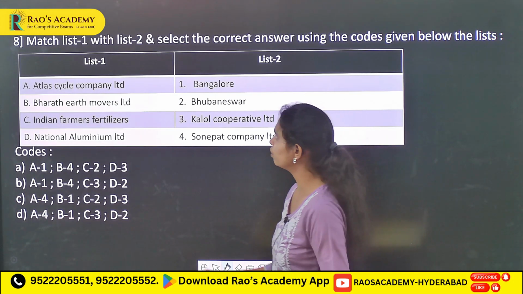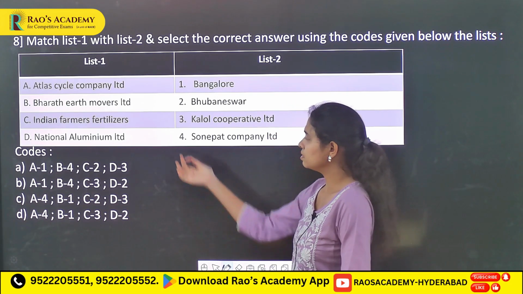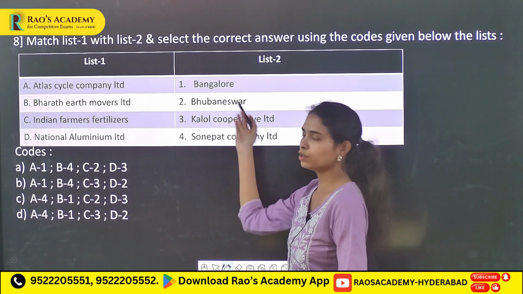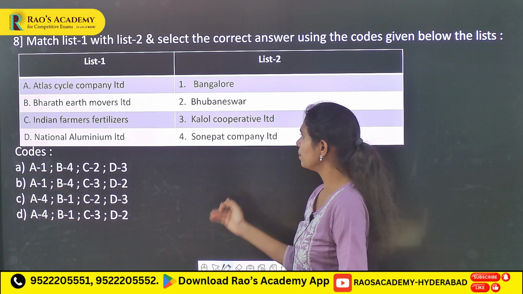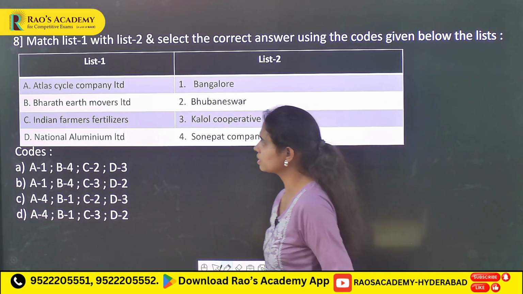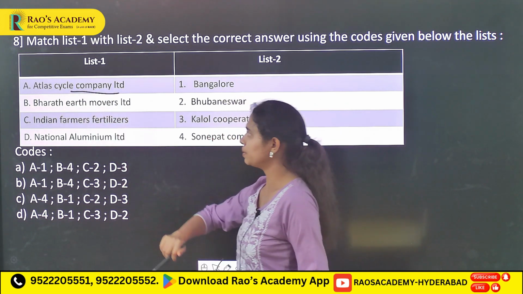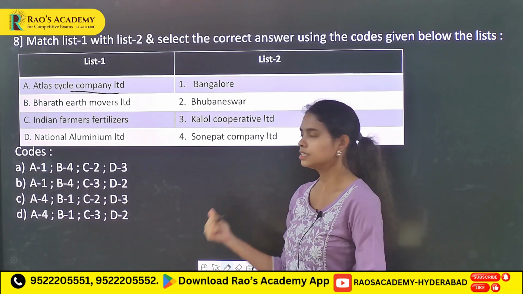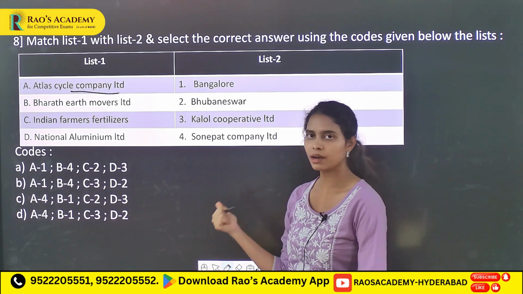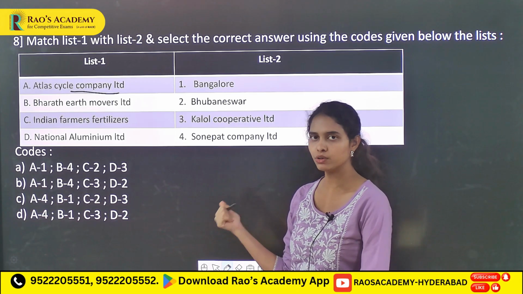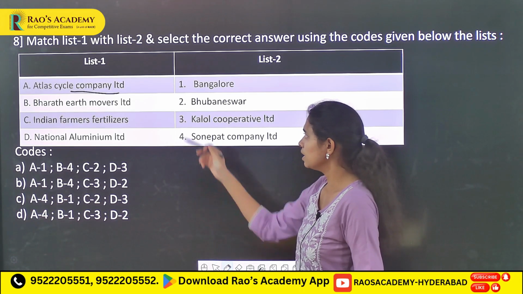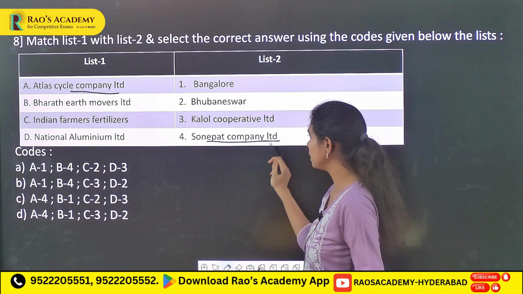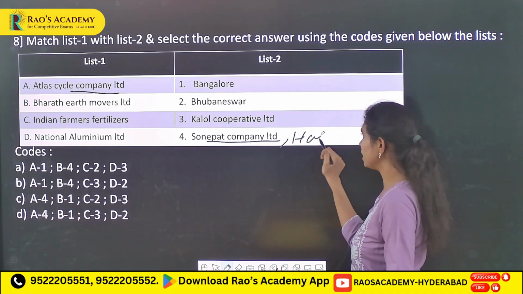Then followed by, it has again given certain companies, and we need to match those companies with the particular location. So here it has given the Atlas Cycle Company Limited. It is the largest cycle company, which manufactures a huge production of cycles, and it has been located in Sonepat, that means in Haryana.